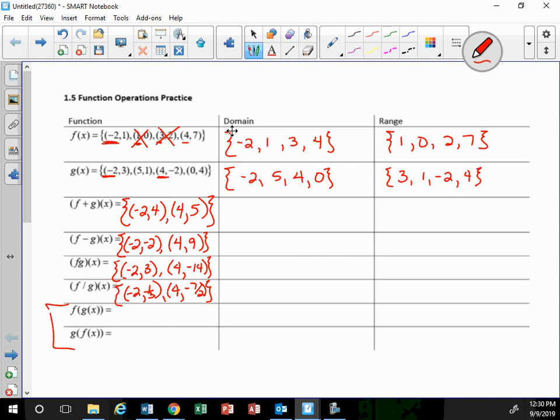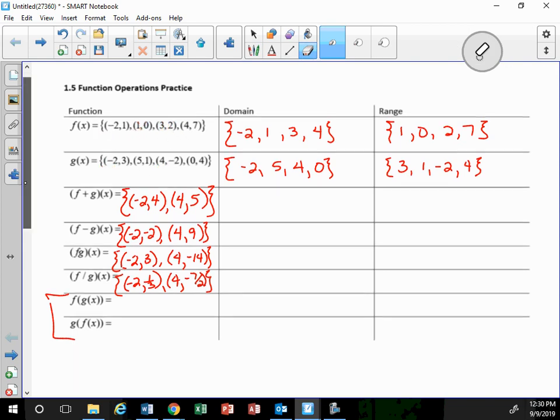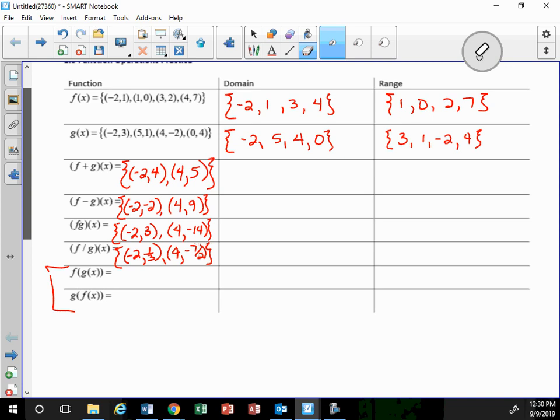The last two are a little different. I want to make sure we're okay with just the operation part first. Once you see it, it's pretty easy, right? Okay. Composition, slightly different. Do this up here so you can see it better what I'm looking at.